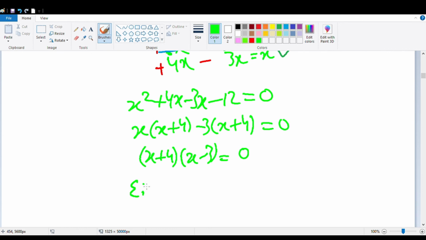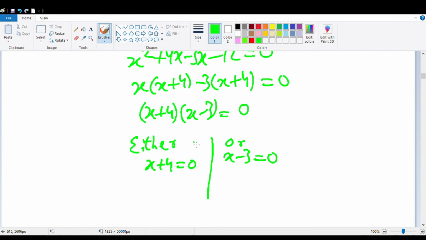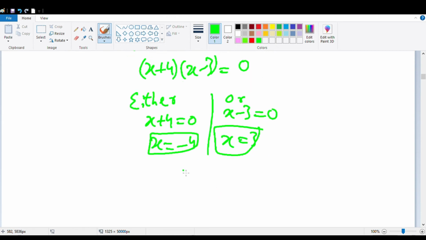So now either x plus 4 is equal to 0 or x minus 3 is equal to 0. So x is equal to negative 4 or x is equal to 3. So x is equal to negative 4 and 3.